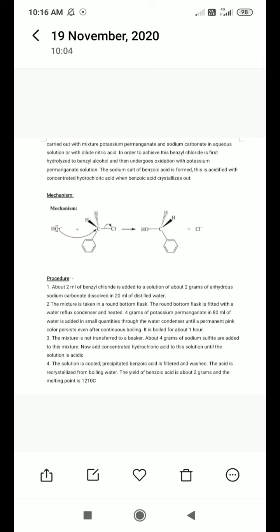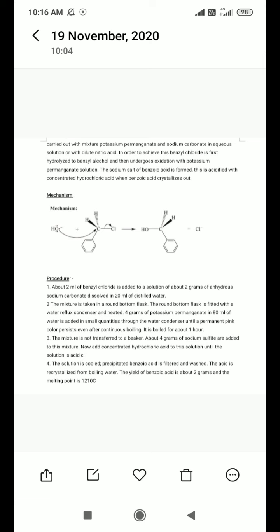Generally, benzyl chloride is a side chain of the benzene ring, which is oxidized using these different chemicals, or we can say catalyst. The important role of KMnO4 is to oxidize the particular side chain, and it is used in combination with sodium carbonate, and we can also use it in the presence of dilute acid.